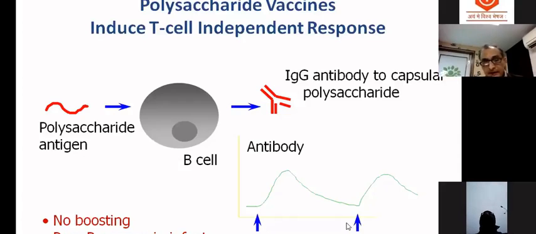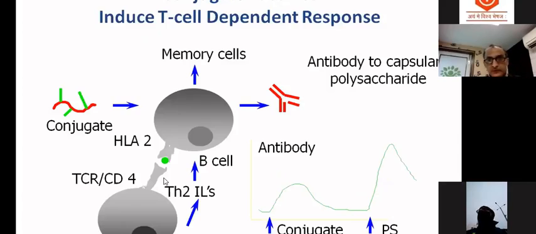And then this will die down over some time. So if we have to make this more immunogenic, what the vaccine biologists do is make this polysaccharide or protein antigen more immunogenic.